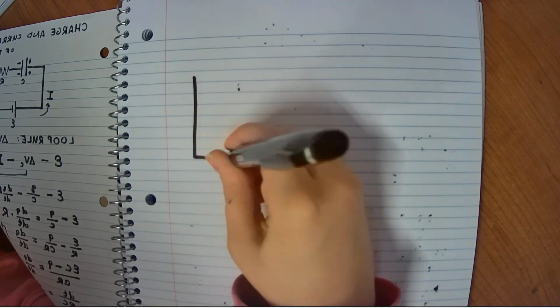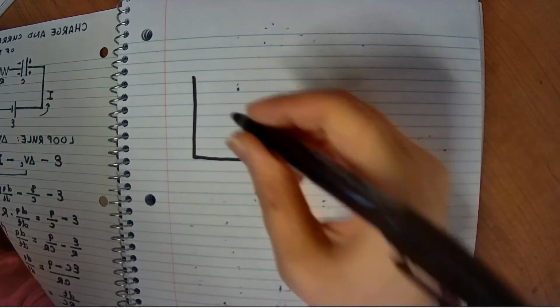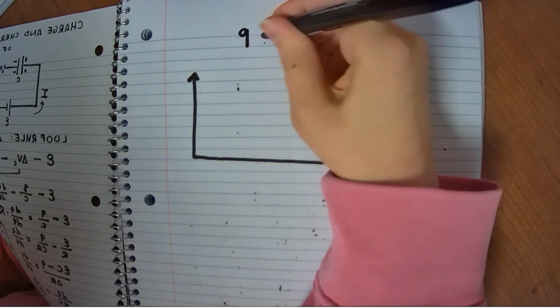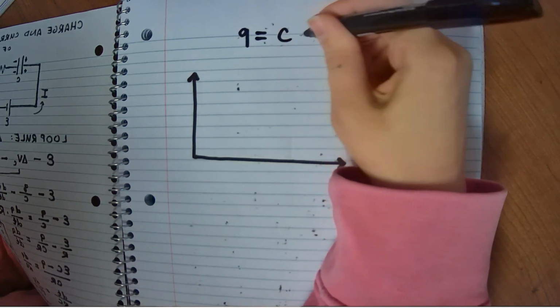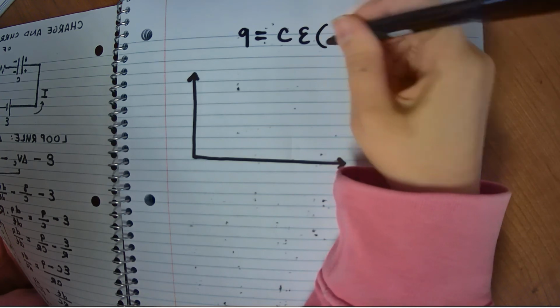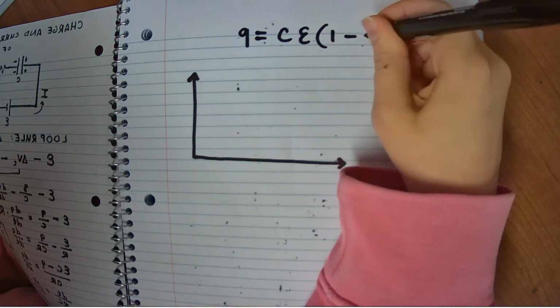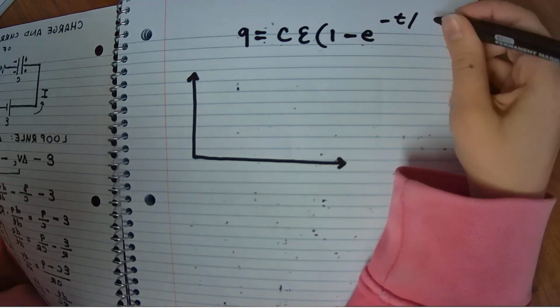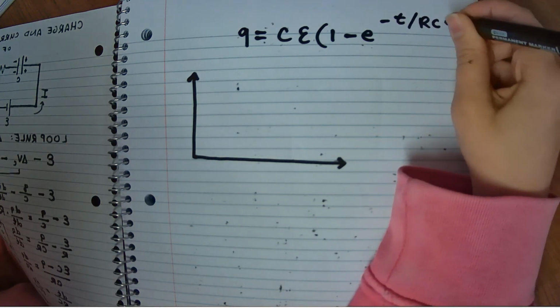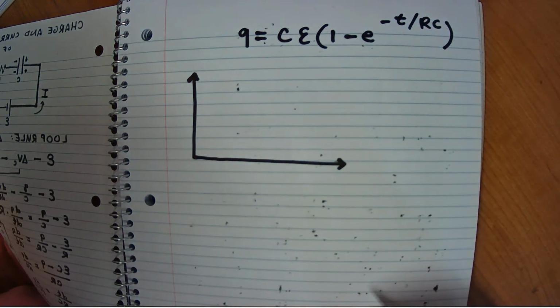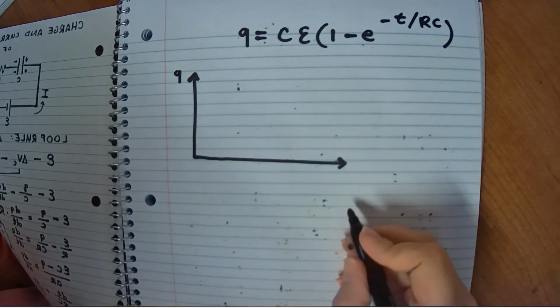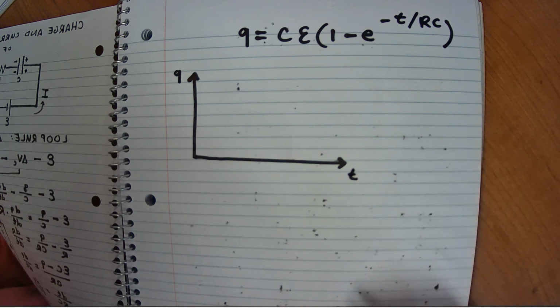This is going to be for the equation that we just wrote: Q is equal to C EMF times 1 minus e to the negative t over RC. This axis will be charge, and this axis will be time.